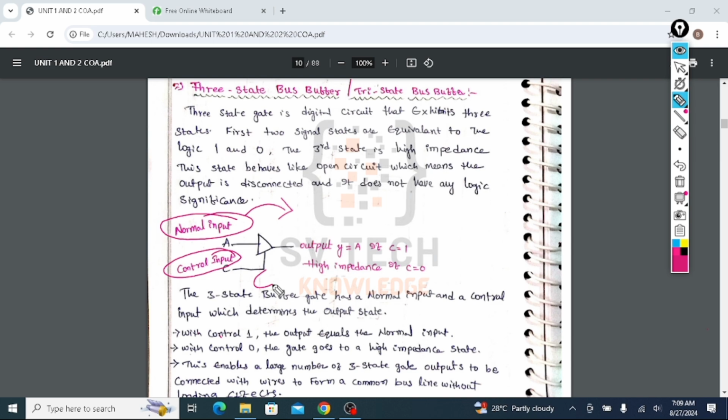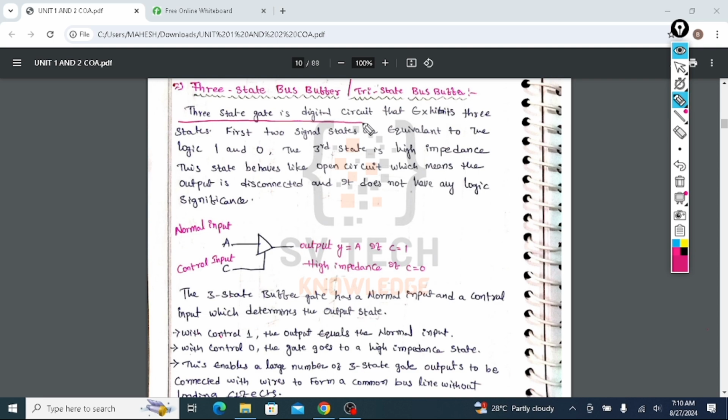If you send a normal input, the output will be the same. If you send A, the output will be A, when C is equal to 1, meaning the control input is 1. If the control input is 0, it goes to a high impedance state. I will explain what the high impedance state is also, don't worry.